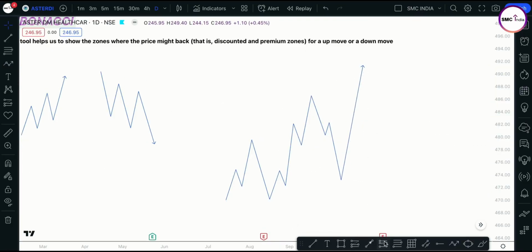So how does the Fibonacci tool actually help? For this high to this high, for this low to this high, the price comes back to the discounted zone, grabs all the liquidity up here and then shoots up again.